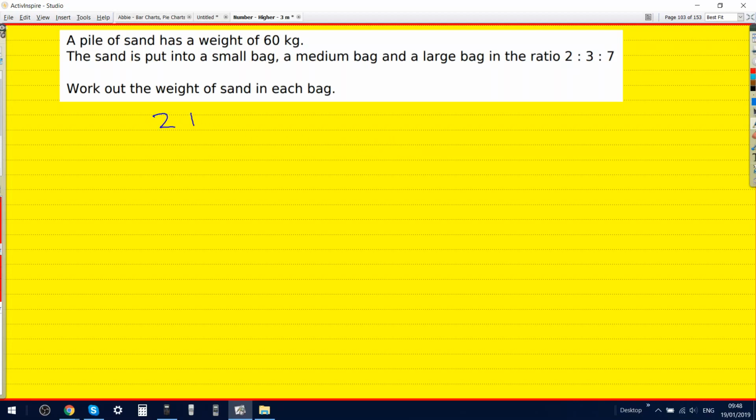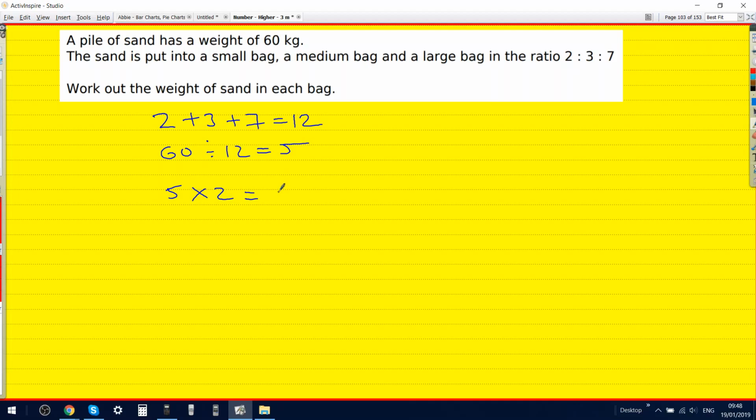So I think that's 12. And then if you do 60 divided by 12, you get 5. And then you do 5 times 2, and 5 times 3, and 5 times 7, and that's all the ratios. Yeah, and they only wanted the sand.